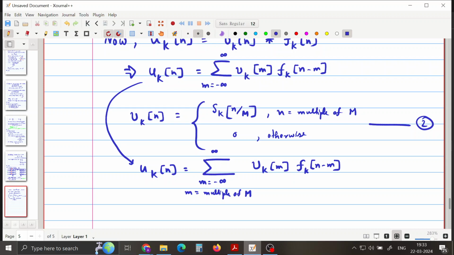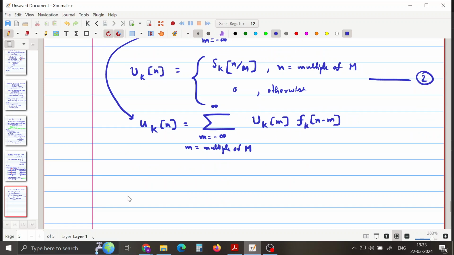This is my effective summation. For the terms where small m is not a multiple of capital M, Vk of m goes to 0, therefore it has no contribution to the summation. Fine. So small m is a multiple of capital M. What does that mean mathematically? Let small m be some L times M, where L is an integer.